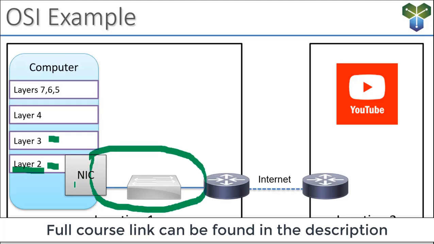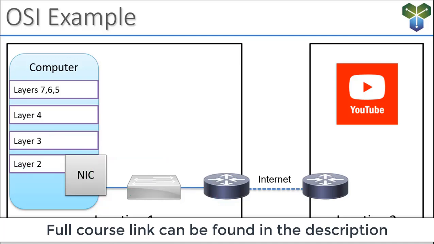So the layer 2 network is going to encompass things like the MAC address of my network interface card, the physical switch. The network interface card on the router is going to have a MAC address. It's going to have these addresses that the devices use to communicate with each other over layer 2.